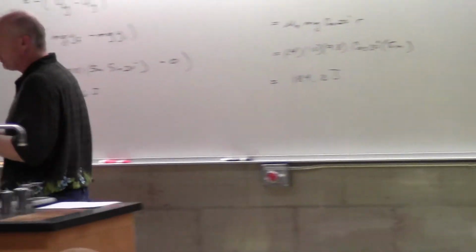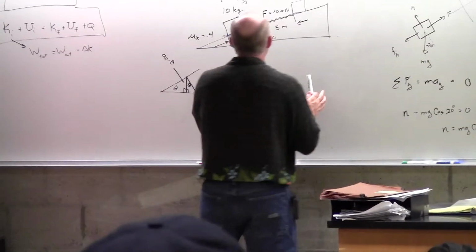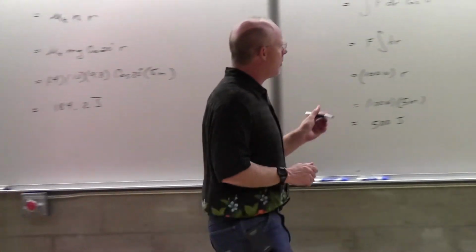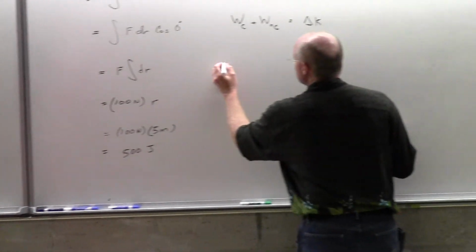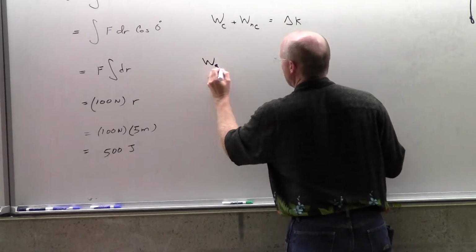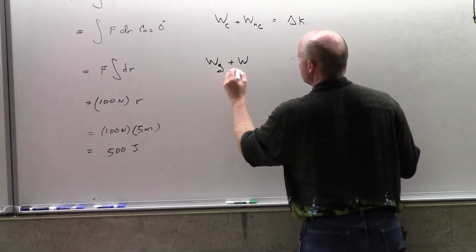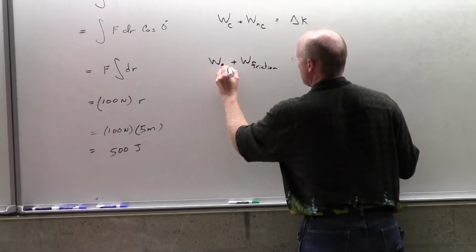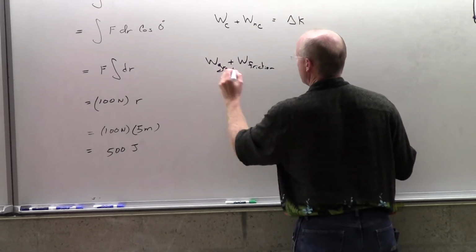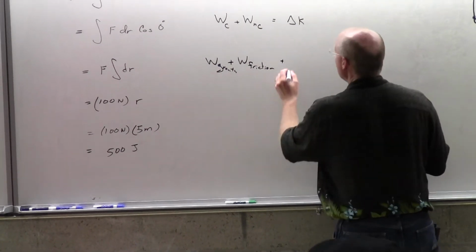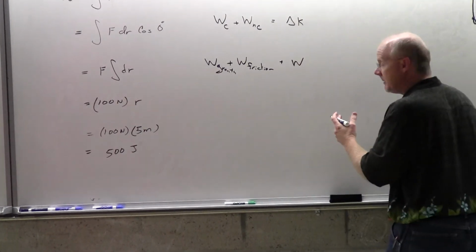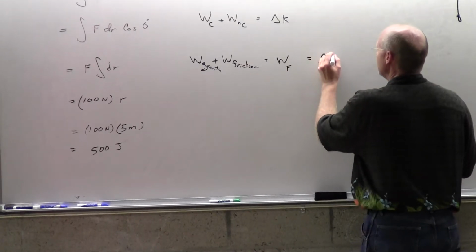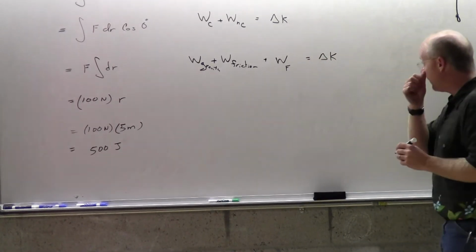Probably conservative, but without putting a label on it, what we really have is the work done by gravity, the work done by friction, and then the work done by, I'll just label it as capital F, equals its change in kinetic energy.